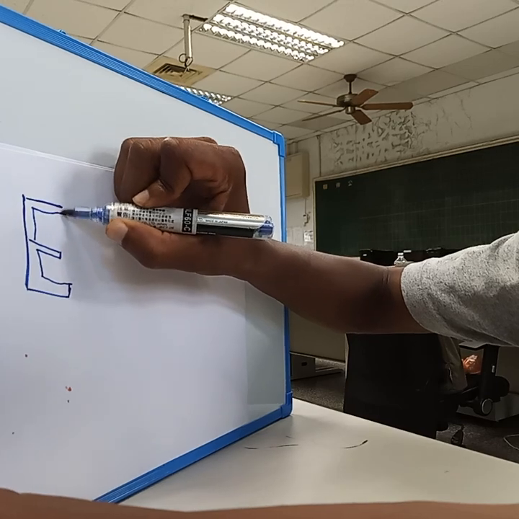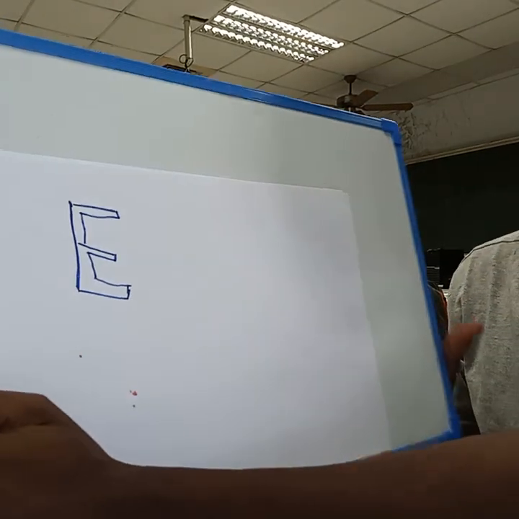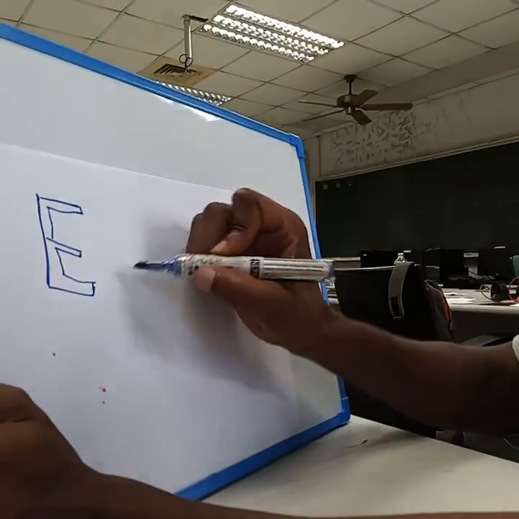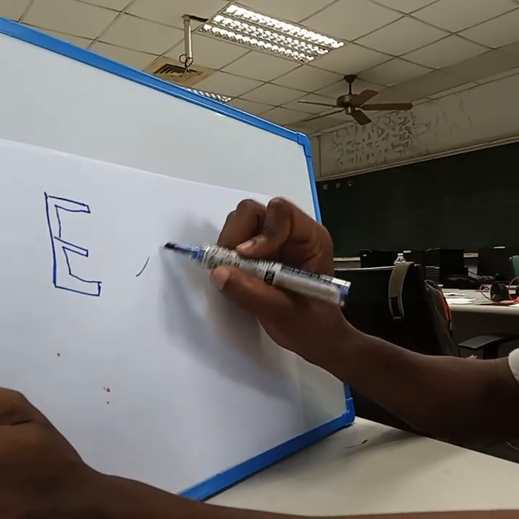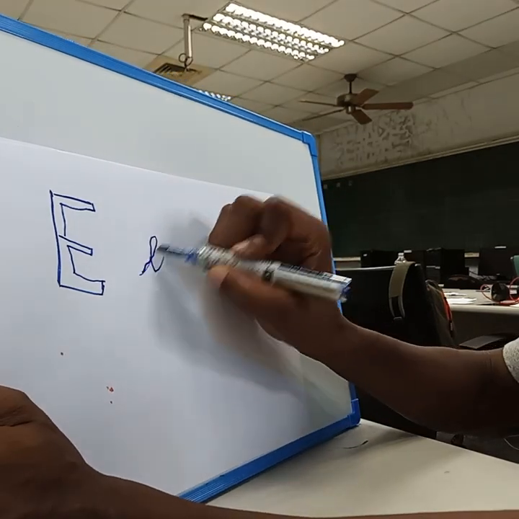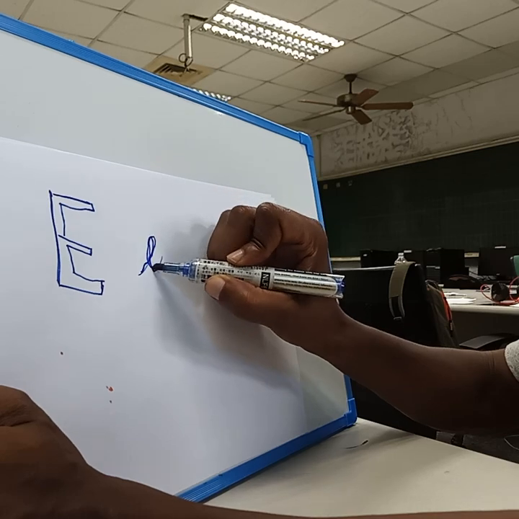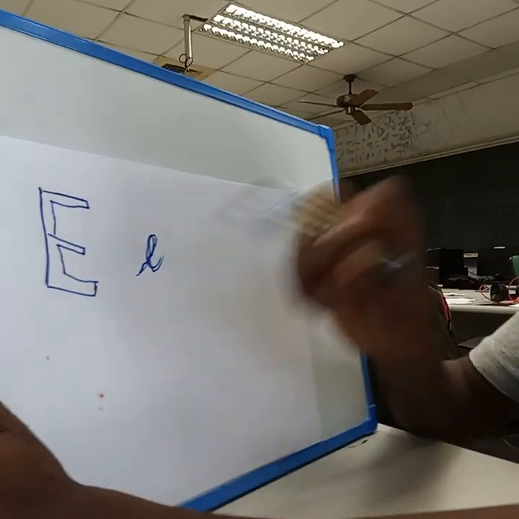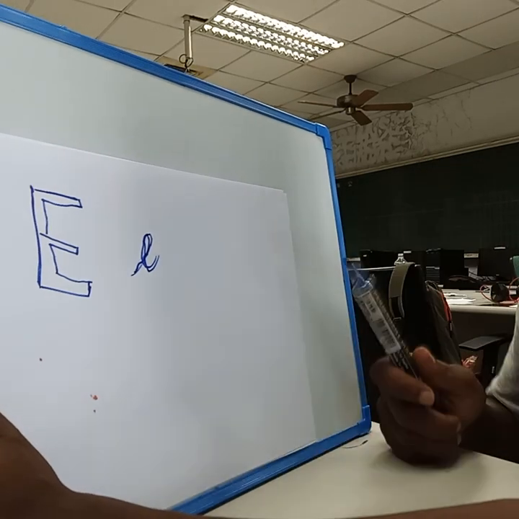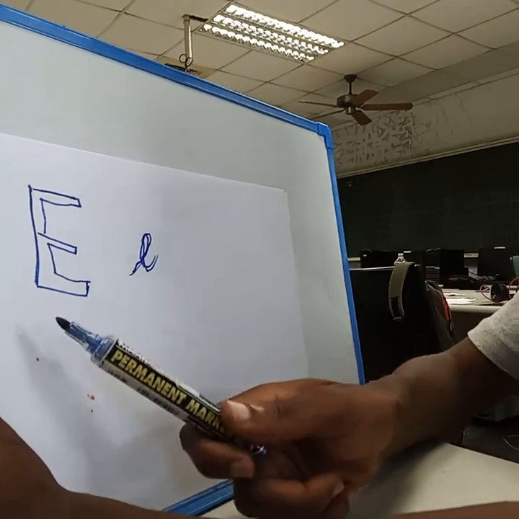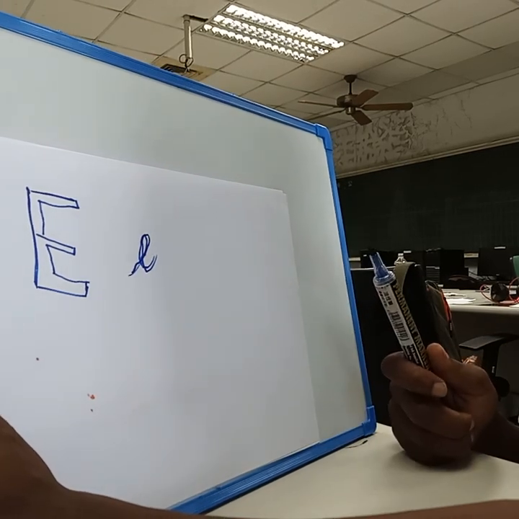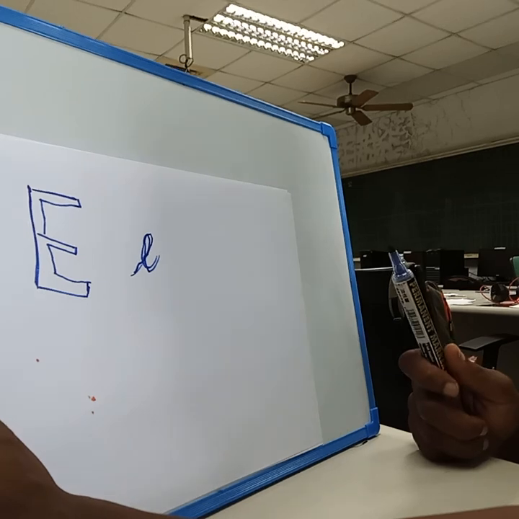So this is big E, and then the small one starts with that, and then it goes like this. This is a small E. Big E, small E.